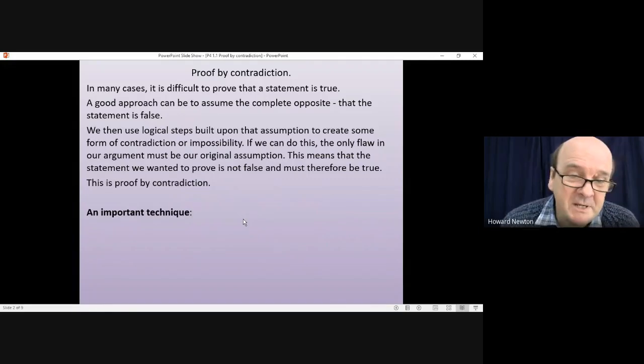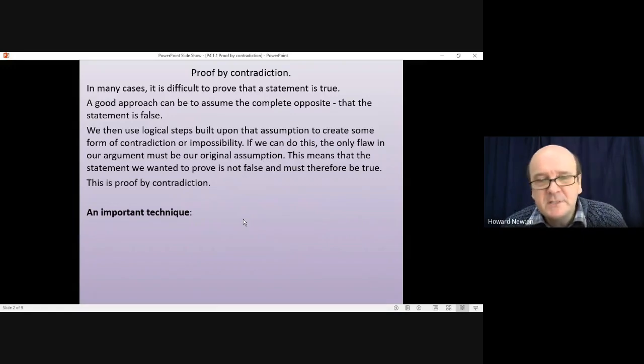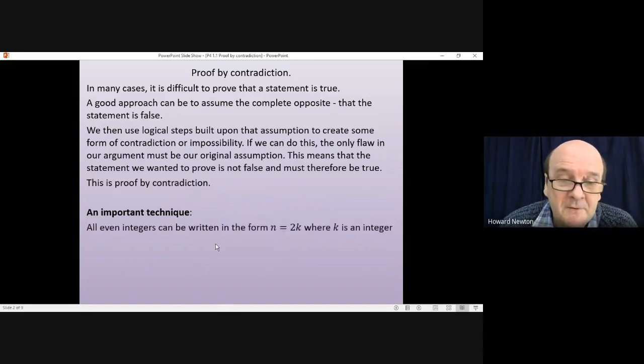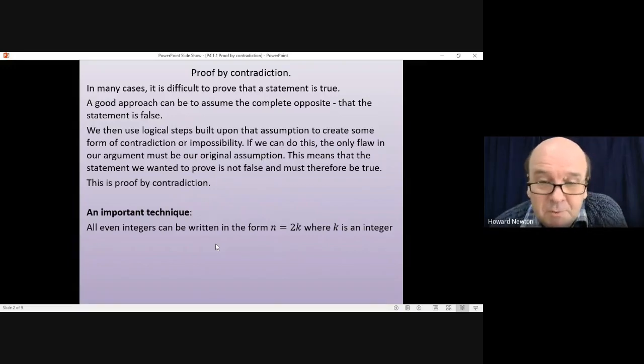Now, in A-level in particular, there's an important technique that gets used quite a lot. Frequently, we want to consider the even numbers and the odd numbers separately, or we just want a method for talking about the even numbers or talking about an odd number. So first of all, even numbers, they're all multiples of 2. And what that means is that any even integer can be written in the form n equals 2 times k, where k is an integer.